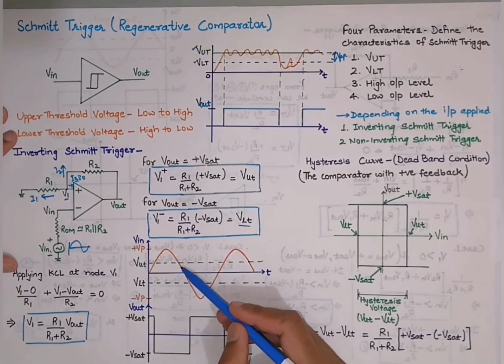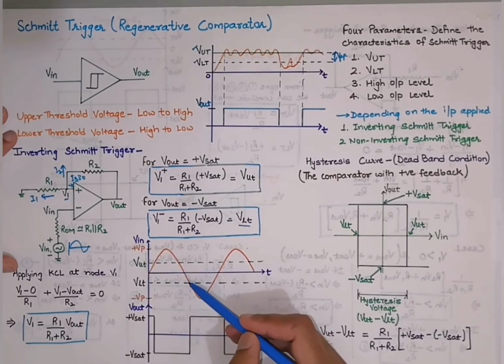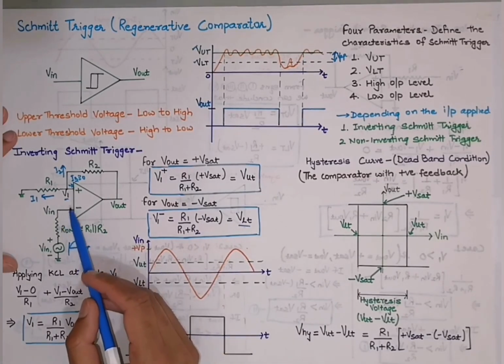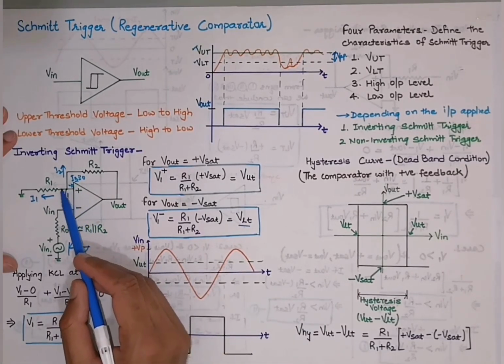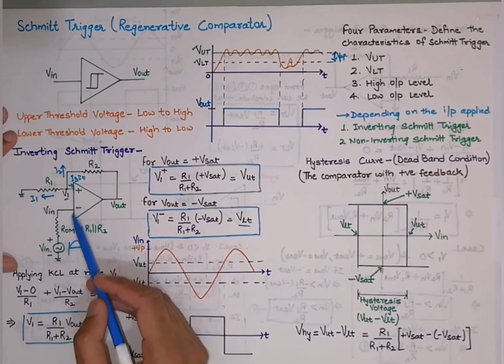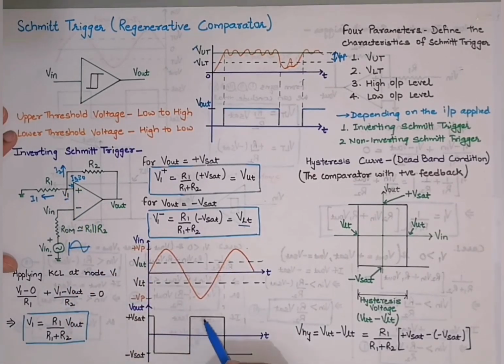It will go beyond the value of the upper threshold, and it reaches the level of the lower threshold, and exactly below the lower threshold there will be a transition in my output, because at this point the voltage at the non-inverting terminal has again increased in comparison to the inverting terminal, and my output voltage will change to plus V saturation.